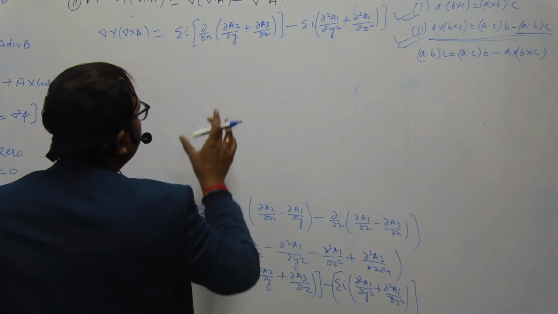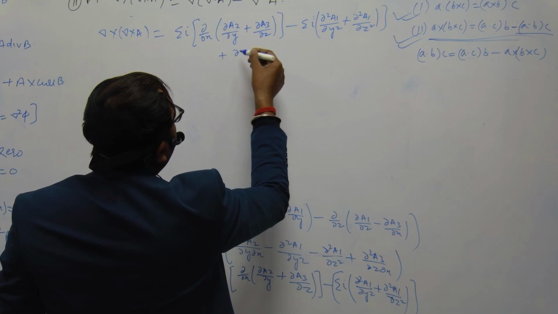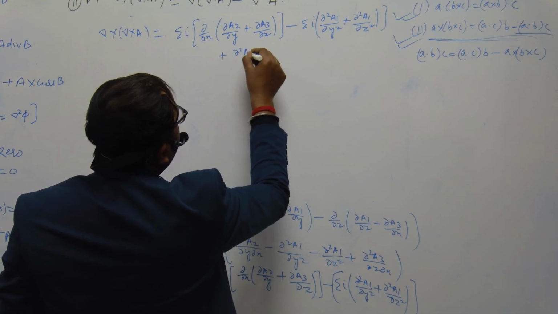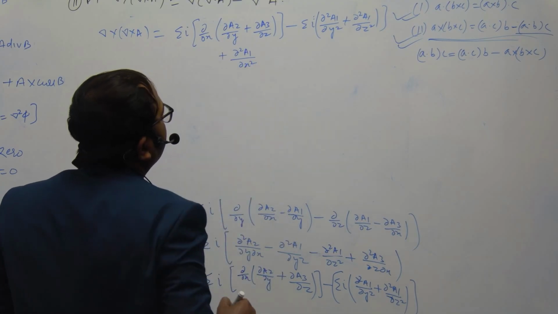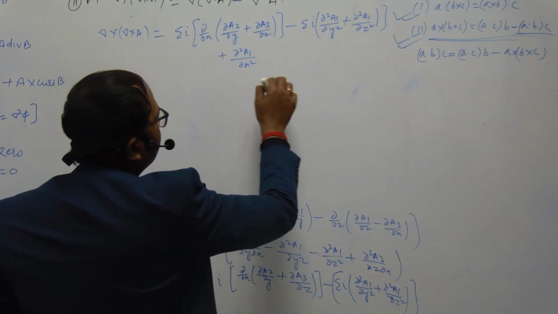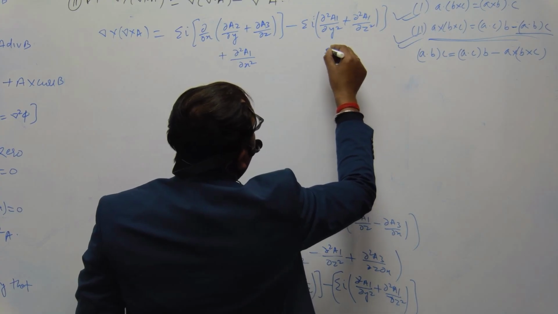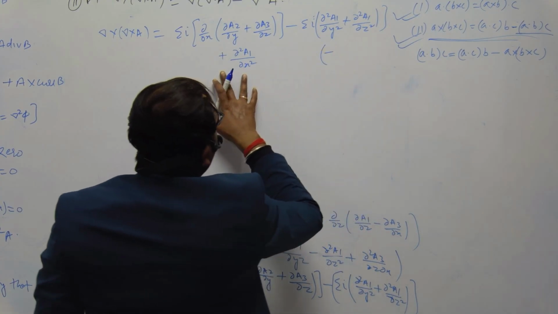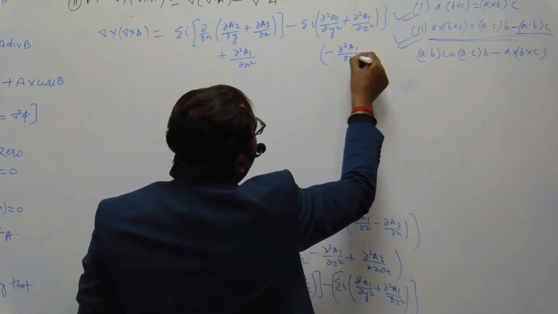Okay, so in this first expression, let us add del 2 a1 upon del x square. So we have added here, so let us subtract del 2 a1 upon del x square.